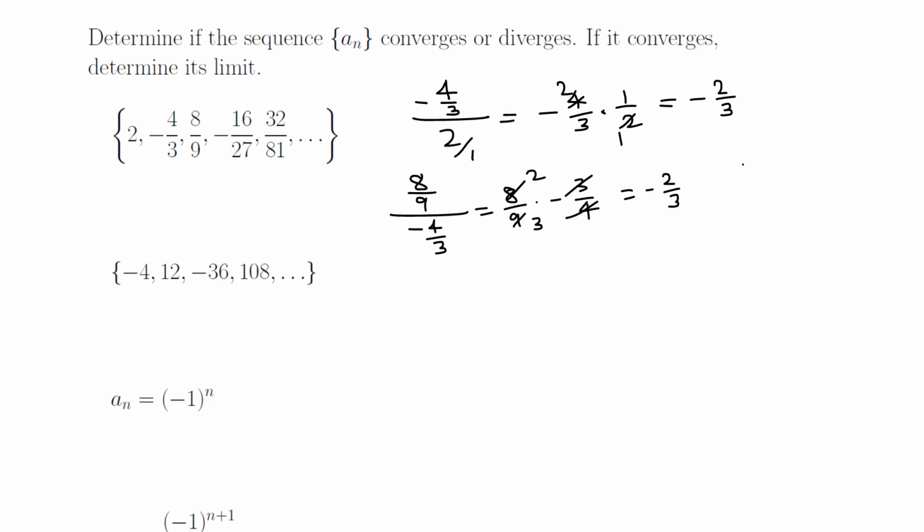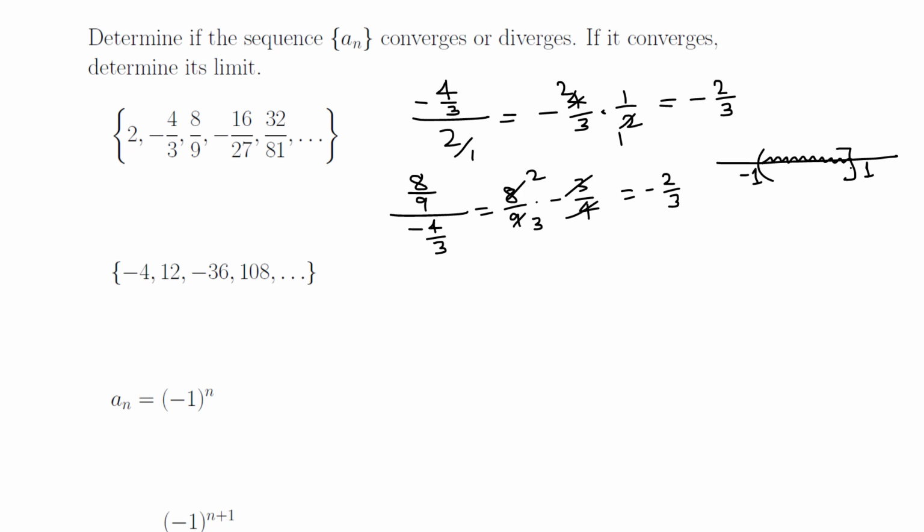And we know that when we have a geometric sequence and the common ratio is from 1 all the way to negative 1, negative 1 is excluded though, if the common ratio is inside here, including 1, excluding negative 1, then the sequence converges.